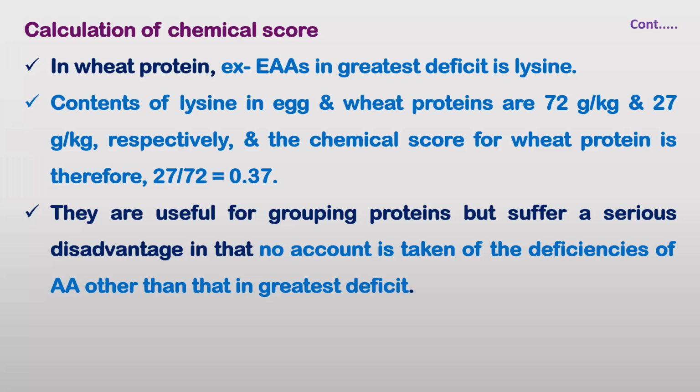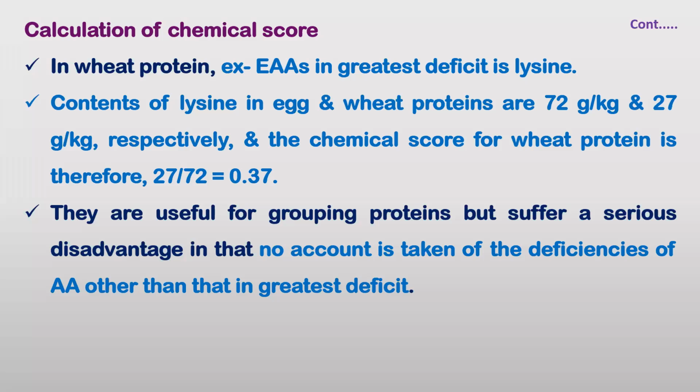The chemical score for wheat protein is 27 divided by 72, so the chemical score comes to 0.37. Like that, we can calculate the chemical score of other protein sources also, and we should take the egg protein as a standard.